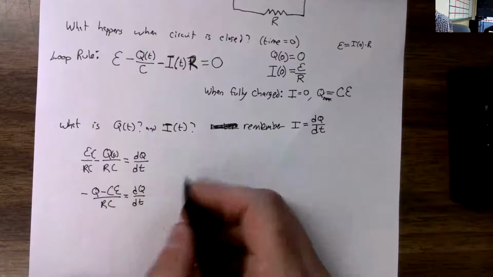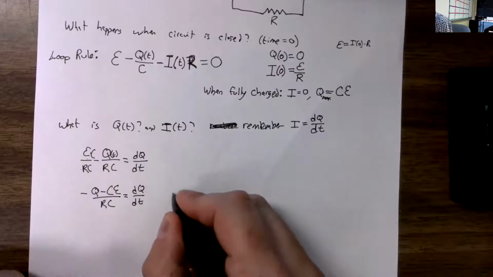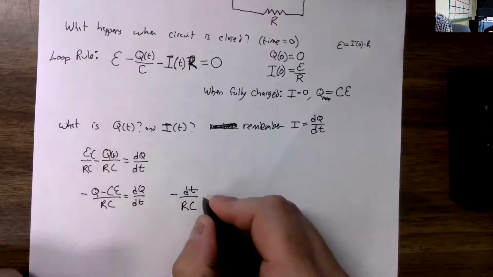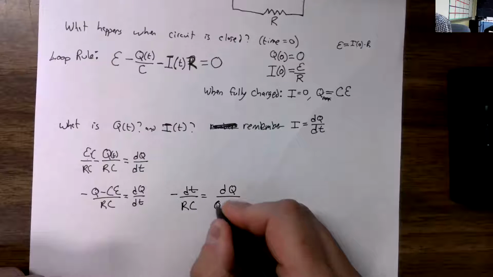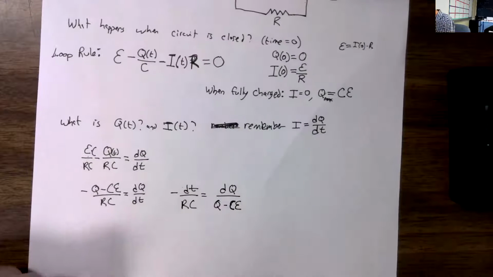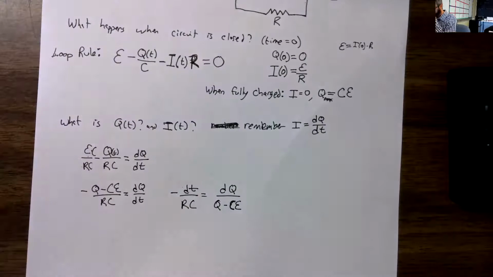If I multiply this side by dt, I get minus dt over RC. And on this side, I have dq over q minus capacitance times EMF. So I think this is how I want it now. Now I'll be able to integrate this.